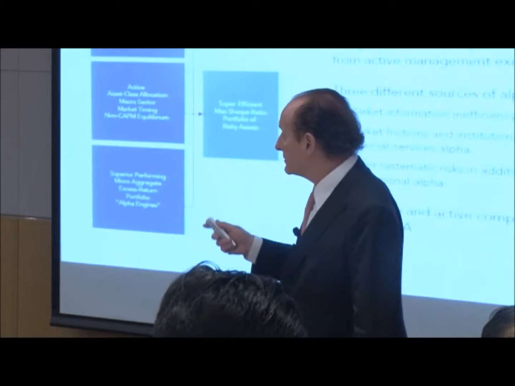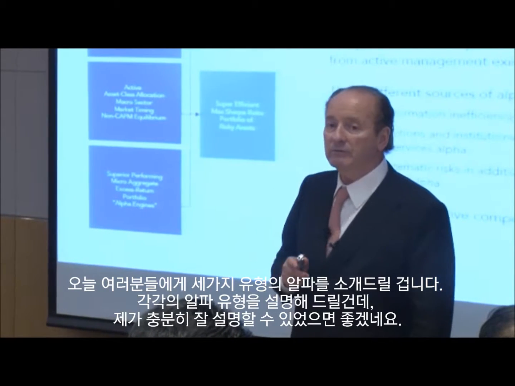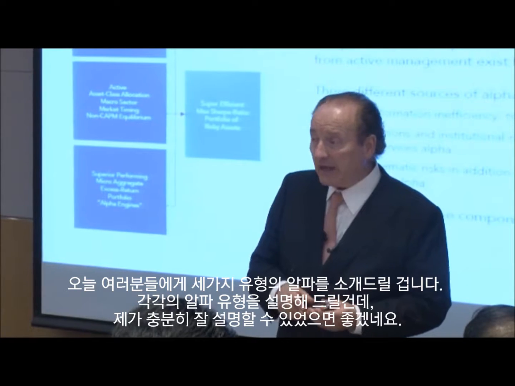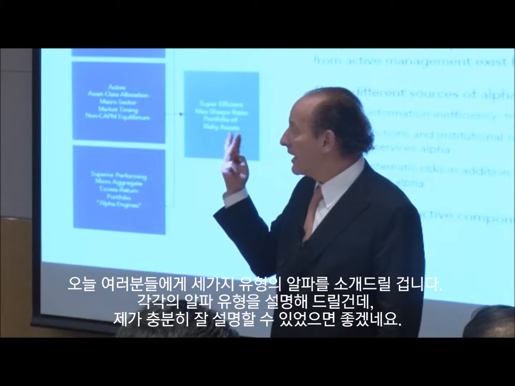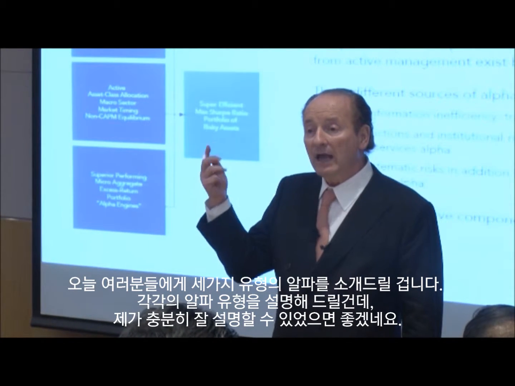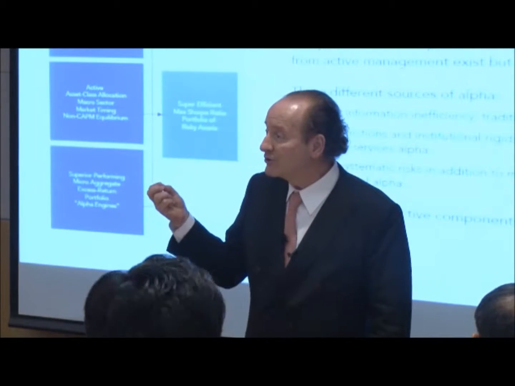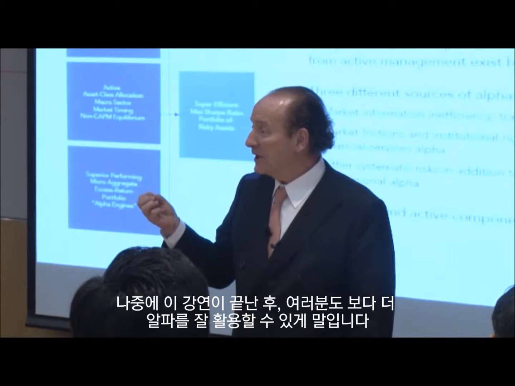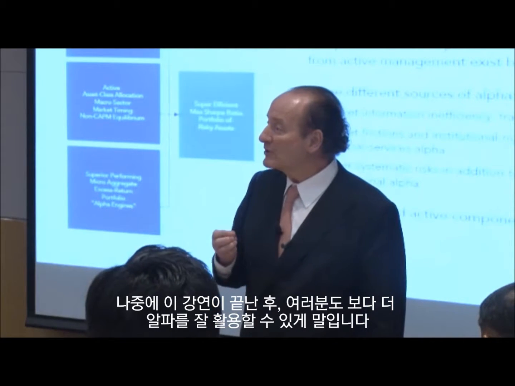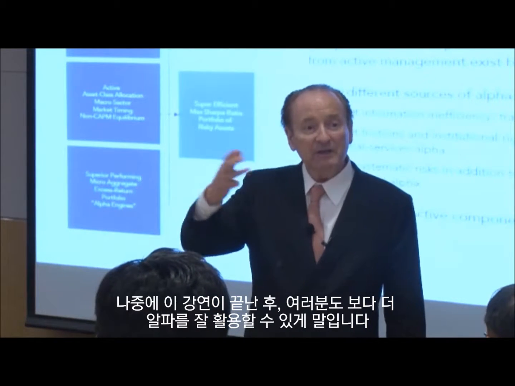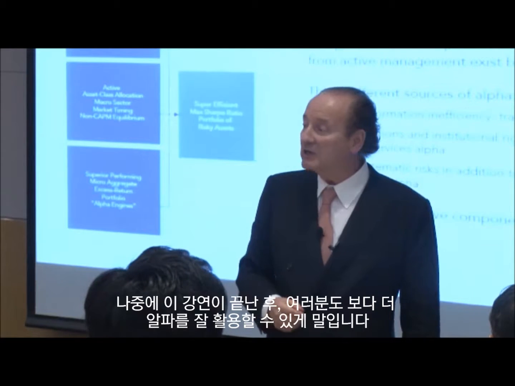And how can we make use of it? And I want to introduce to you for today 3 different kinds of alpha. And I'll explain each of them to you, I hope, if I do a good job, in a fashion that they become yours, meaning you see the argument and you think it makes sense to you.